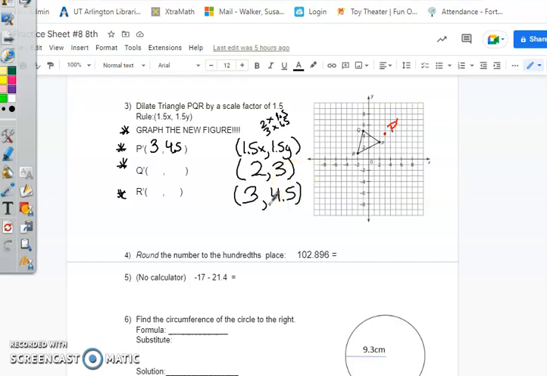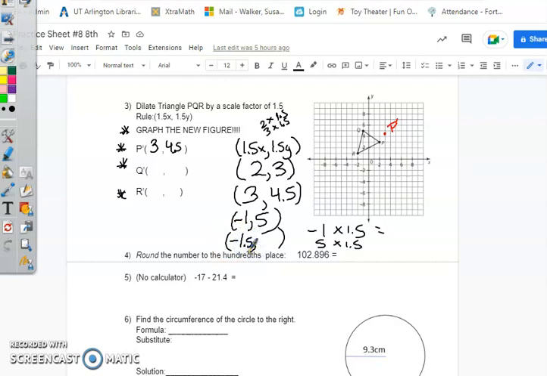So now your job is to do the same thing with these. So right here for Q, we go -1, 1, 2, 3, 4, 5. -1 and 5. Okay? So now multiply -1 times 1.5 and 5 times 1.5. Okay? So -1 times 1.5 is -1.5.